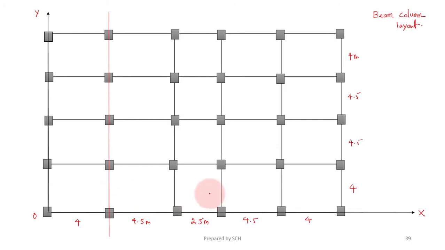We can make the various grids along the x direction like this. If you write the ordinate, this is the origin, so this vertical line will be x equal to 0, this will be x equal to 4 meter, this will be x equal to 4 plus 4.5, 8.5 meter.